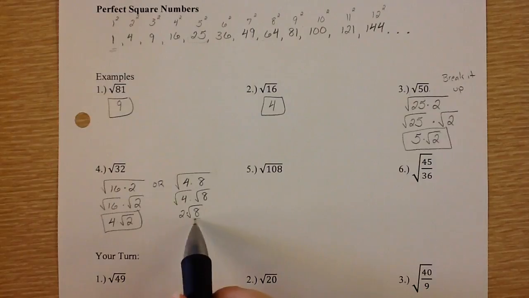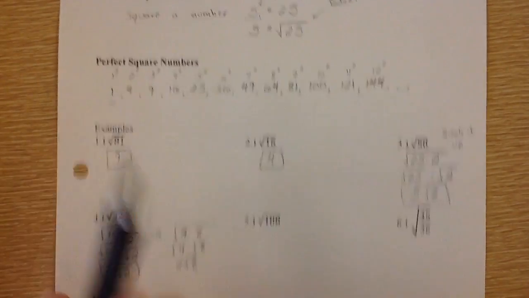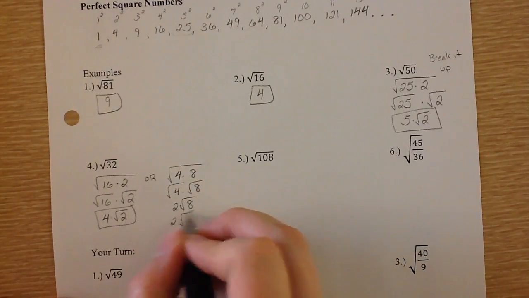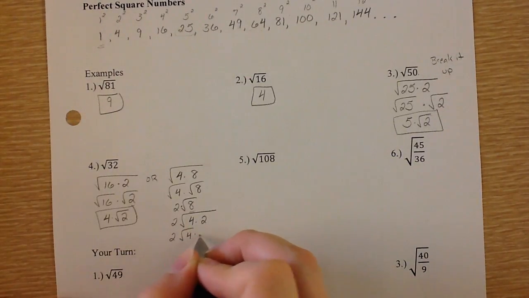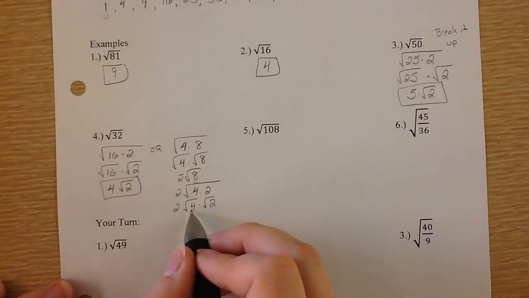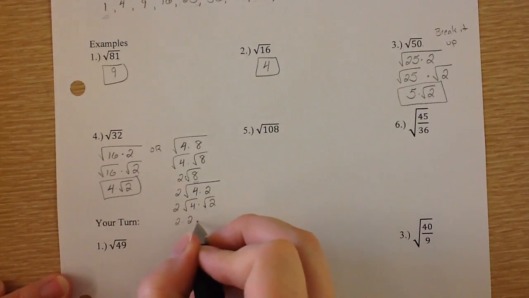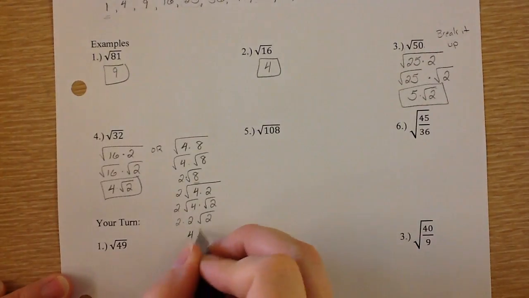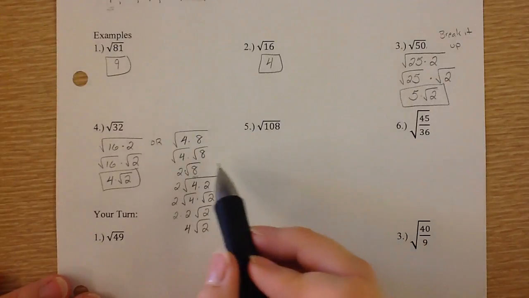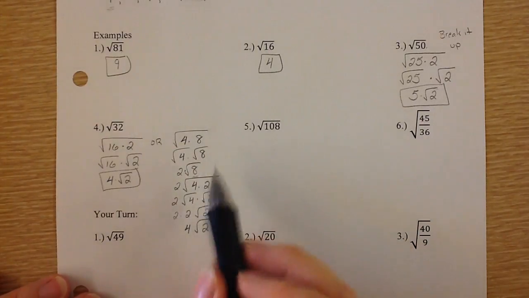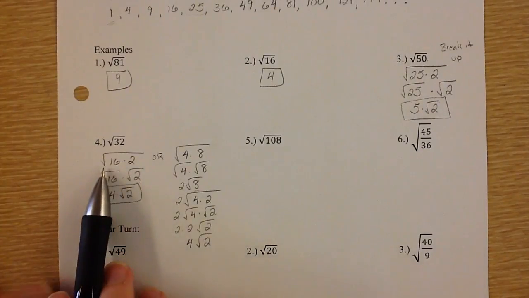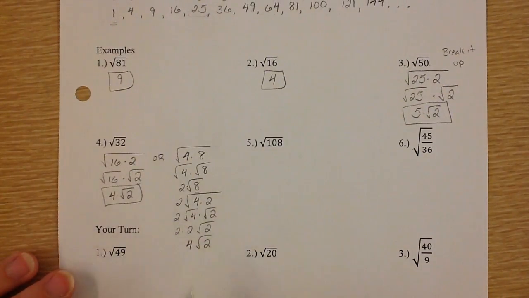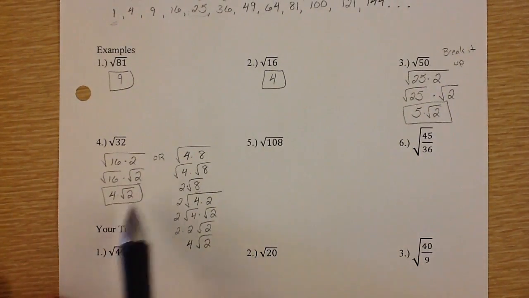But 8's got another perfect square in it. 8 is 4 times 2, so I can break up the 8 into 4 times 2. The square root of 4 is 2, so I'd have 2 times 2, which again gives me 4 the square root of 2. So it just ended up having one extra step in there. I had to break up the square root twice. So if you can find the biggest perfect square that goes into it, you don't have to do it twice. You just do it once.